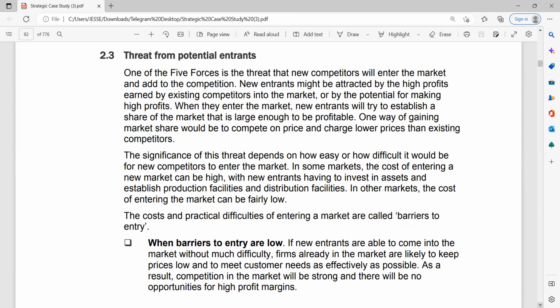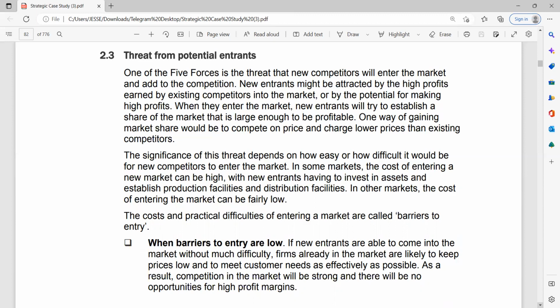Right? So put on your market industry lens. Look at it from a market perspective or industry perspective. What are some of the things that will increase competition? One factor is threat from potential entries.